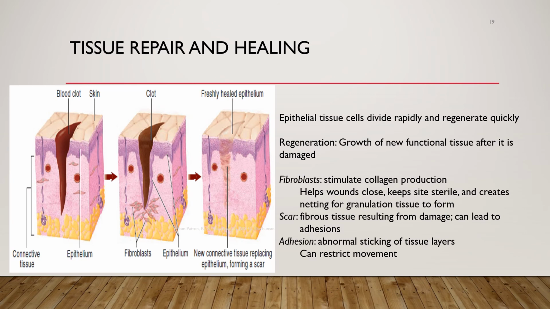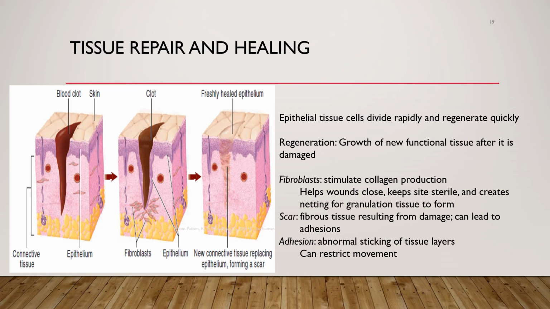When our tissue does have an injury, some sort of damage to it, there are several different processes that our cells have to go through in order to regenerate and just repair itself. The epithelial tissue itself rapidly divides and regenerates very quickly, and there are different processes that have to happen in order for our body to repair itself.